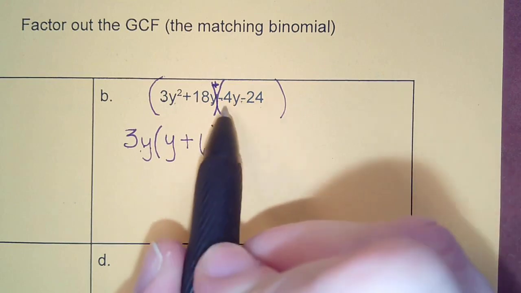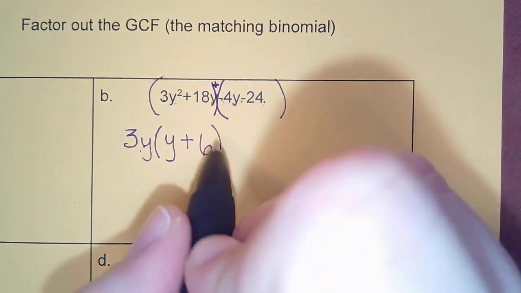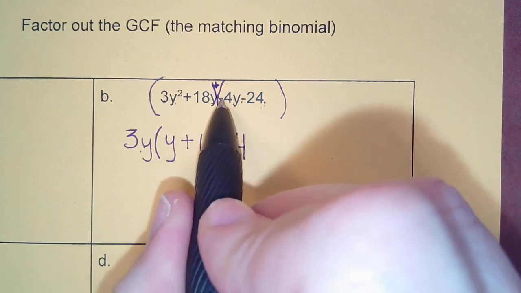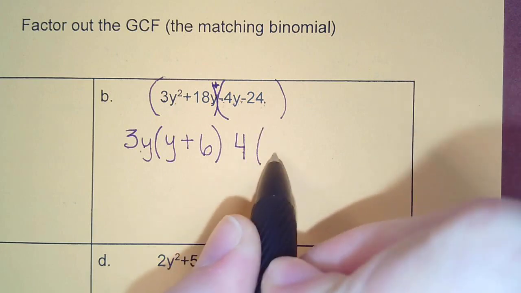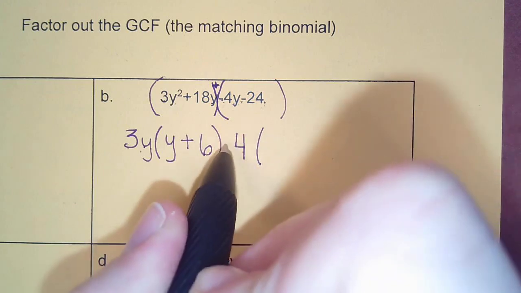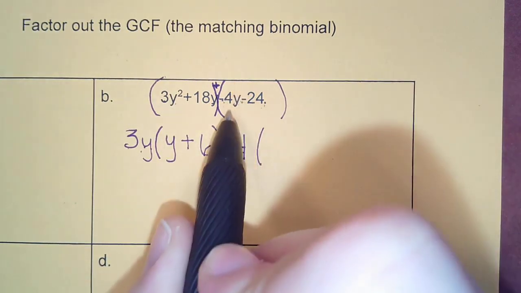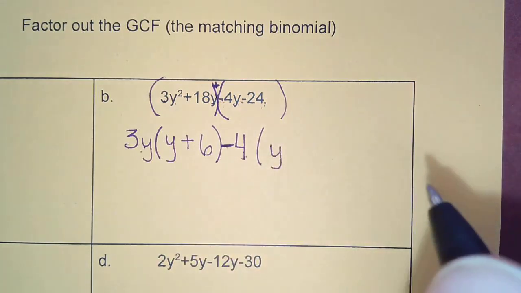All right, negative 4y and 24. Both of those numbers are divisible by 4. So if I take out a 4, negative 4y divided by 4, I would get negative 1y. But I want it to be positive. So I'll take out a negative 4 as my GCF. Negative 4y divided by negative 4 is positive 1y.